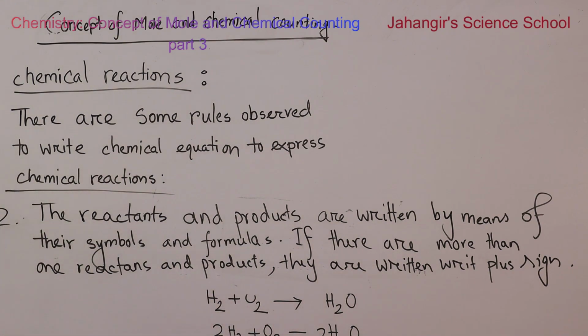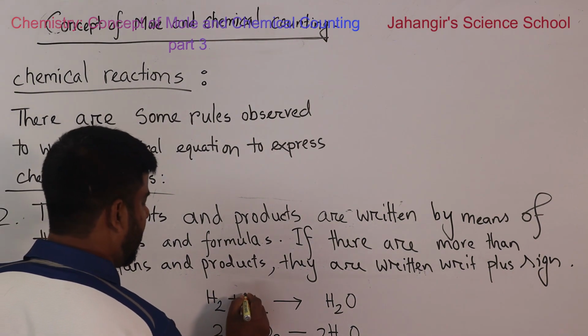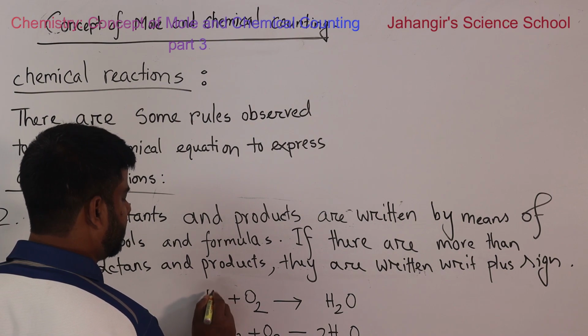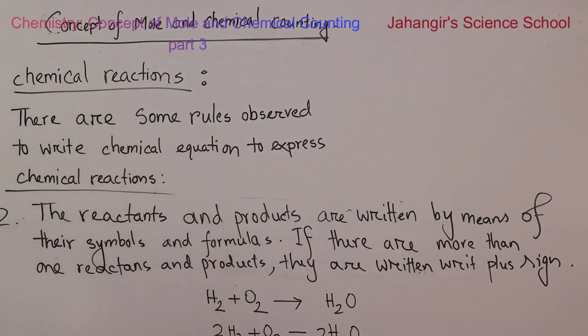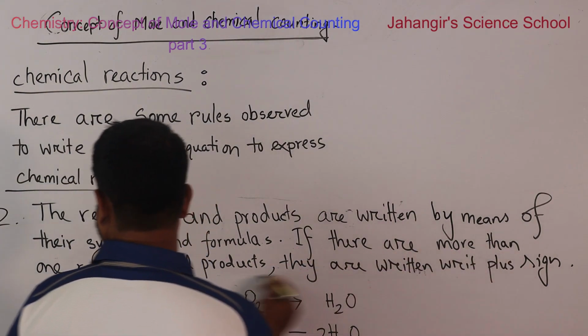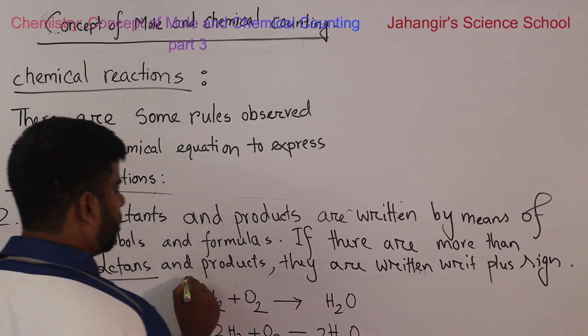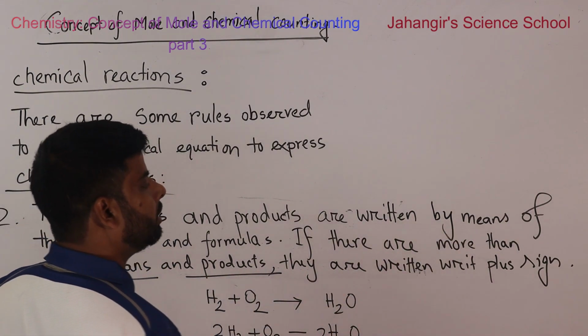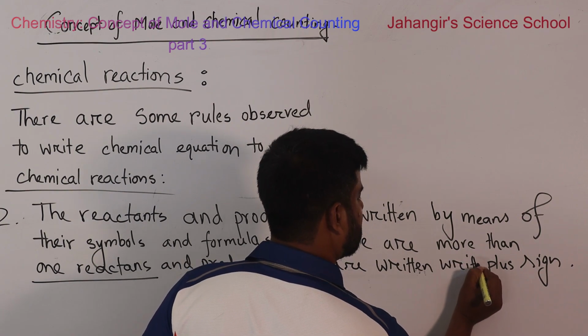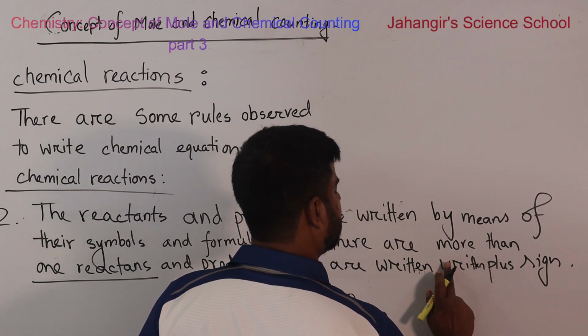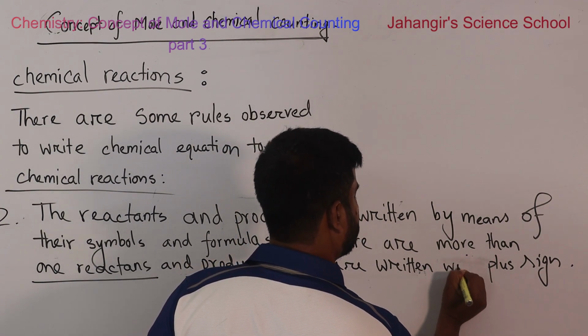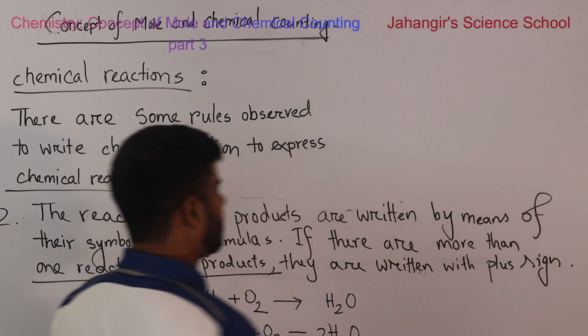So here, hydrogen and oxygen, there are two reactants. If there are more than one reactants or products, they are written with a plus sign.